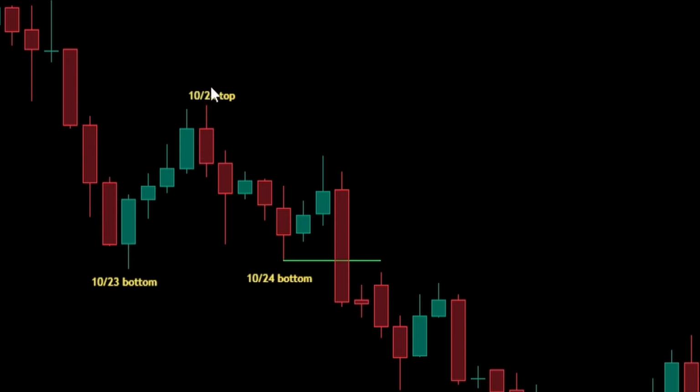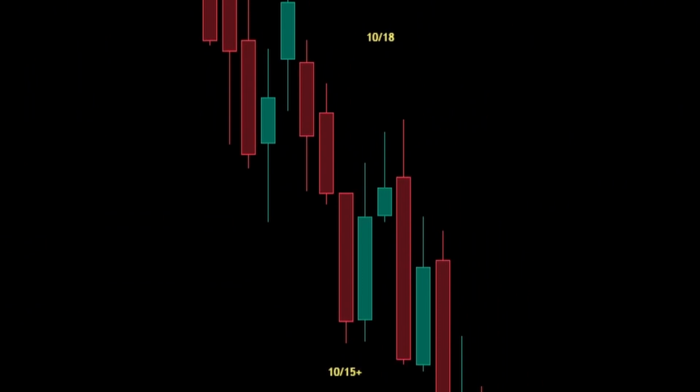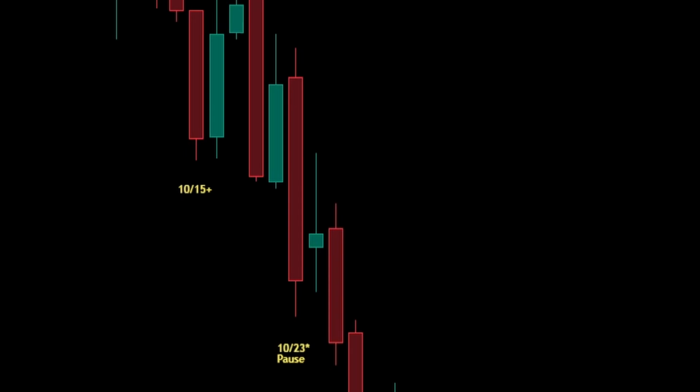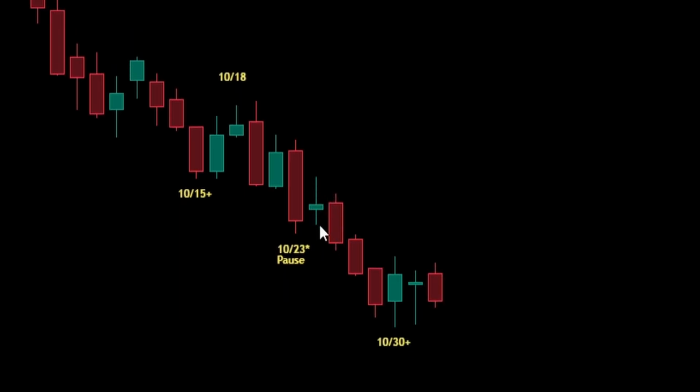It came up, made this top, and then at the end of the day, it made this bottom that did not quite go lower than the 1023 bottom. That formed this inside bar right there.